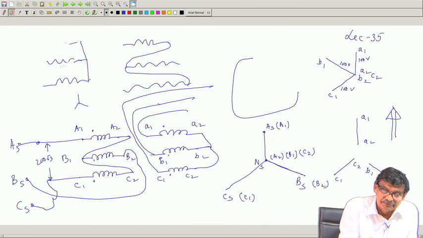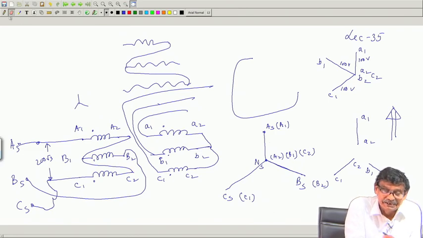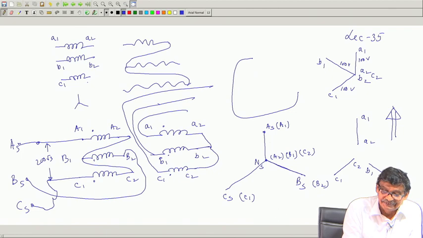What I am telling, this secondary, he also connects only the secondaries, A1 A2, B1 B2 and C1 C2.